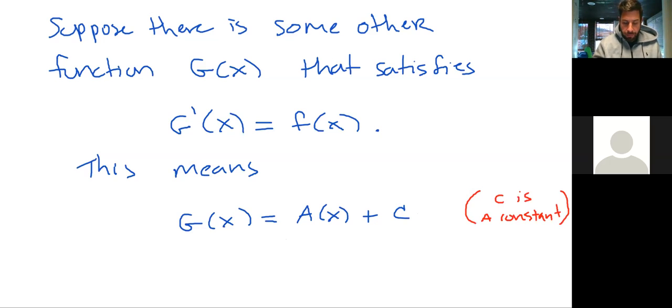If you differentiate both sides, you get g prime of x equals a prime of x. And so through deductive reasoning, we realize that if G and A both have this property, then they must be differing by only a constant.